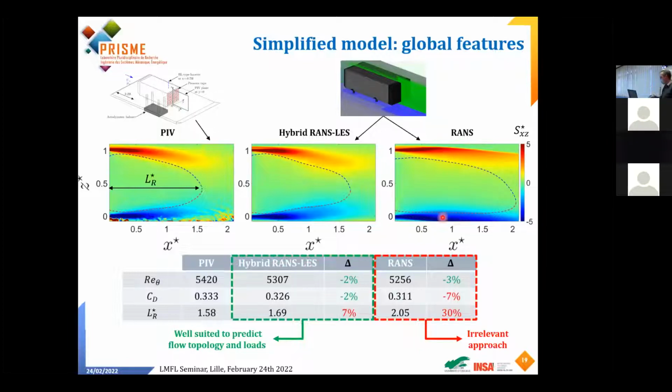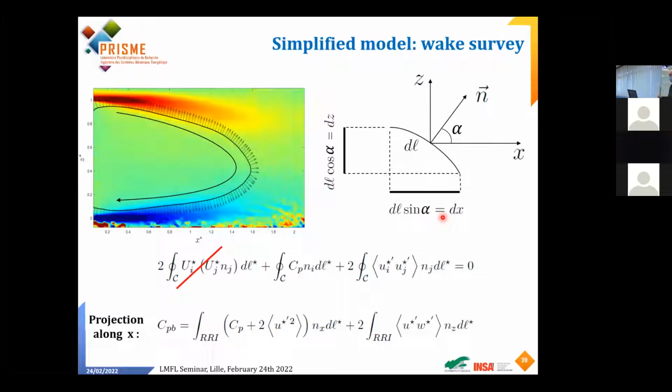This will have an effect in the following. So now I'm recalling the equation I want to solve. And here I will use the recirculation region interface as my contour of integration. But I said that this interface is characterized by the fact that the mean streamwise velocity is equal to 0.